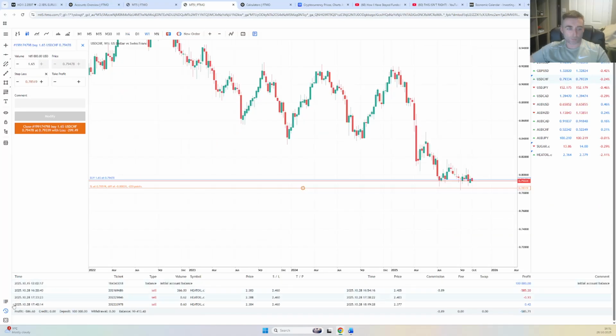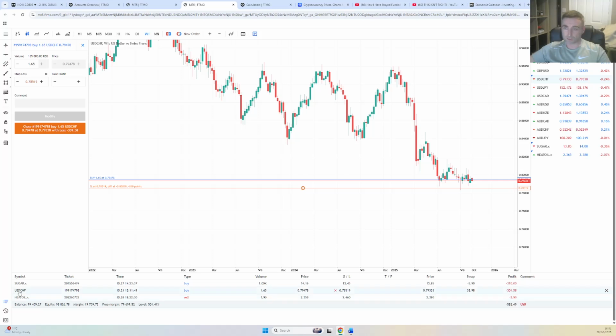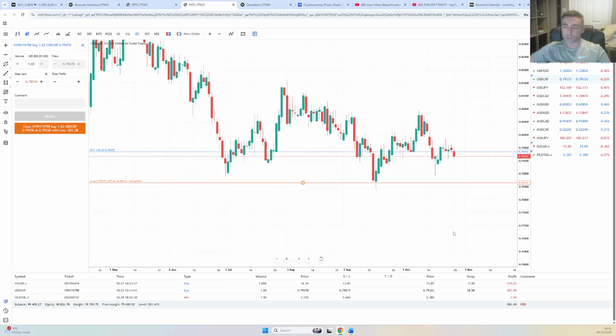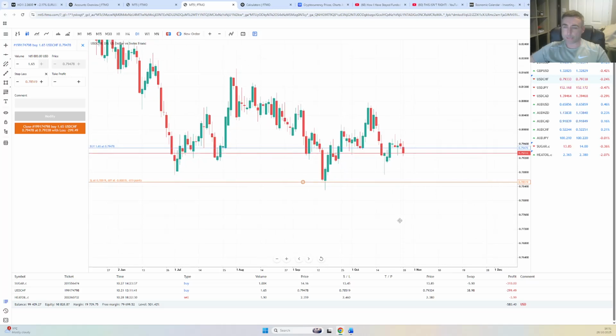And let me just show you my USD-CHF. I just want to show you my stop loss when it comes to my USD-CHF trade. As you can see, usually I would put my stop under the lowest point here, but just because my zone was just so big, starting here to there, I was like, you know what, if I place it there plus 33% on top of that, I'd have to skyrocket so high to show any type of profit.